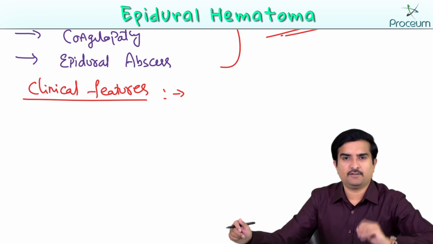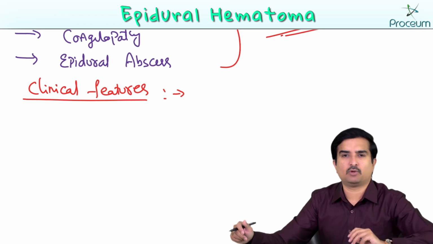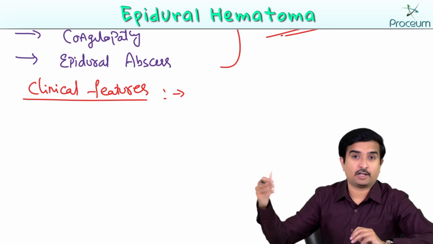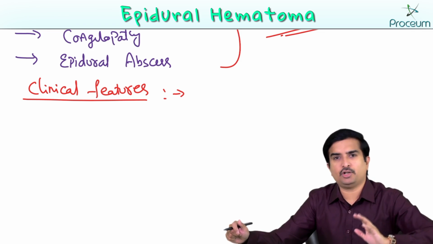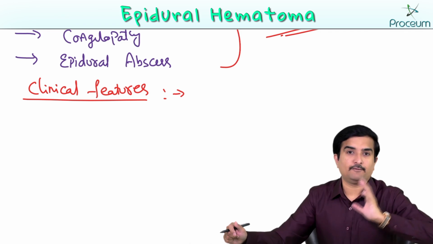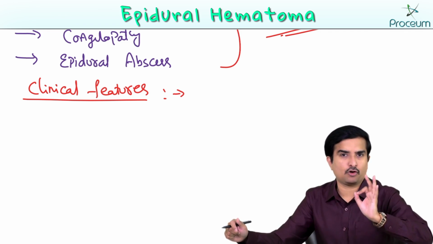But if there is a less severe injury, in such a condition what will happen? There is a rupture of the middle meningeal artery. In such a condition, even though that produces epidural hematoma, there will not be coma, but only a momentary loss of consciousness.